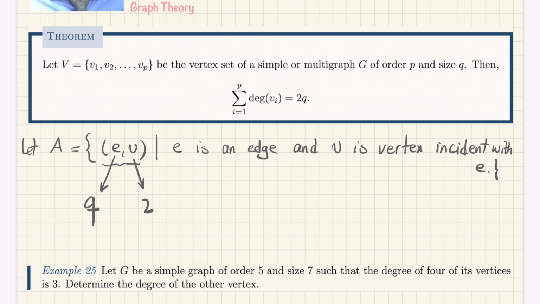Do you agree? I have an ordered pair. The first component is an edge. The second component is a vertex on the edge. How many options are there for choosing an edge? Q. Now you have chosen one of your edges. Now you want to see how many vertices are incident with that edge. One, two. So there are two choices. So in total, can you tell me what is the cardinality of A? What is the cardinality of A?